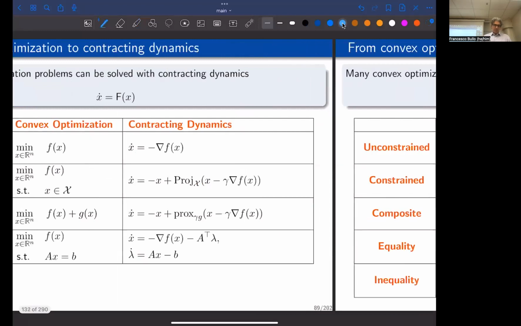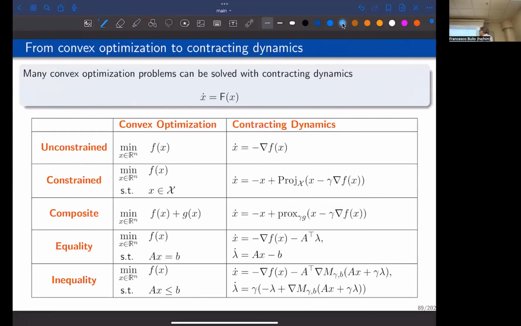But since then, I've shown you plenty of examples, so there's a whole host of examples. And here I've more or less shown you all of these examples. To be honest, I cut out from the slide deck the linear inequality constraint. So in this slide, the only new thing is that when I have a linear inequality, there is a contracting primal dual dynamics that is strongly contracting with a given rate that I can compute.